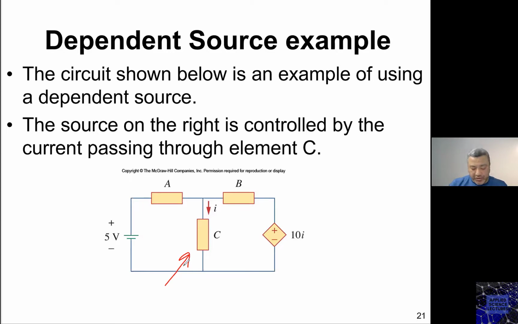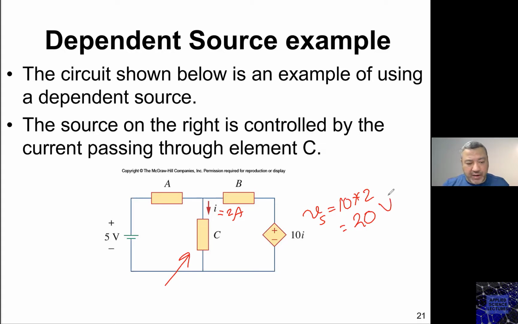So in other words, let's assume, for example, that the current here in this branch is 2 ampere. Then the voltage generated across this dependent source is 10 times 2, which is 20 volts, just to give you an idea.